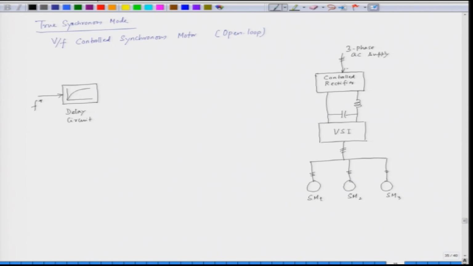So, we rectify the AC to DC and then we use the inverter.